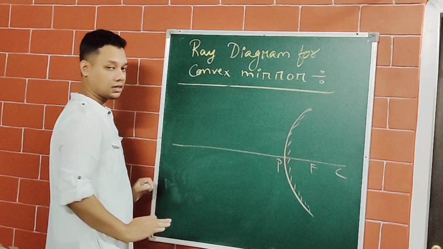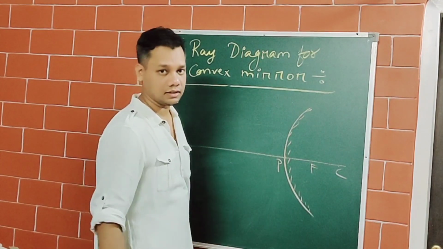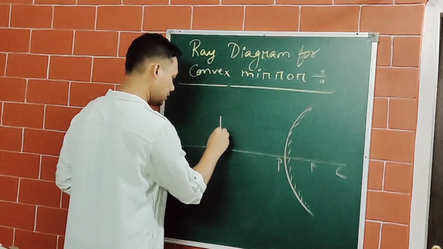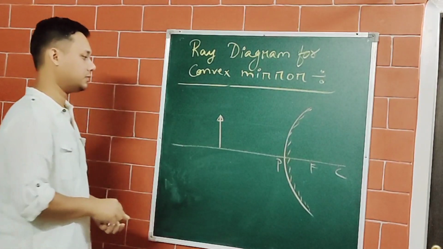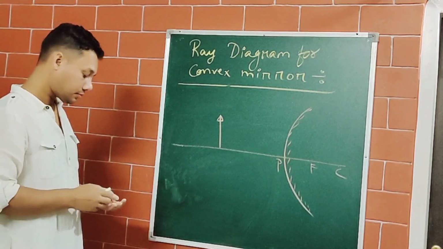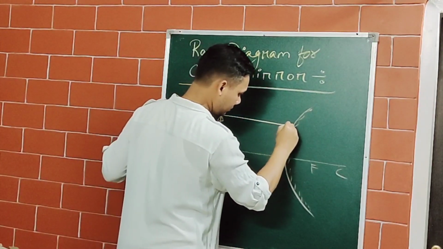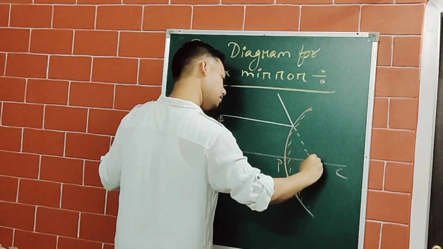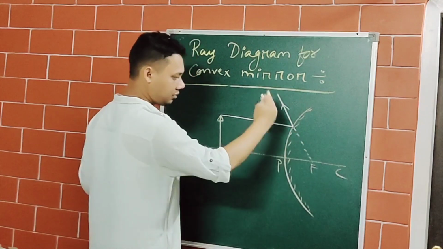Anywhere in this position except infinity we can keep the object. Let us say we are keeping the object at this position. Now if a ray passes parallel, after reflection it will go as if it is coming from the focus.